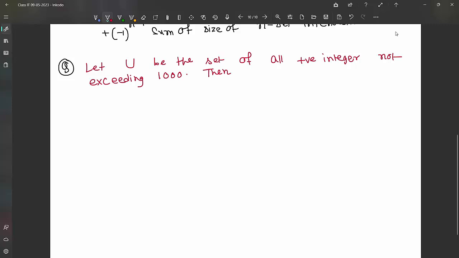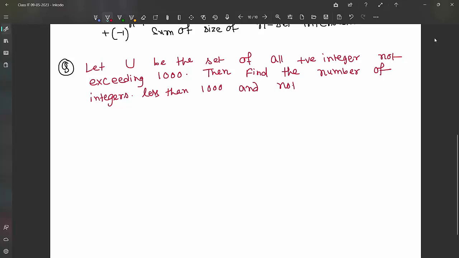Then find the number of integers less than 1000 and not divisible by 3, 5 or 7. So this is the question.